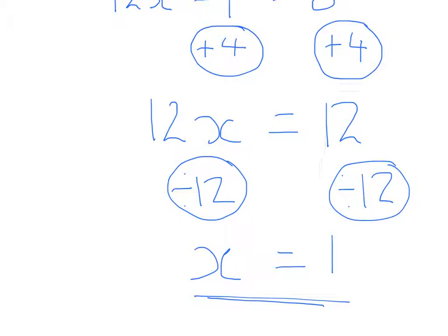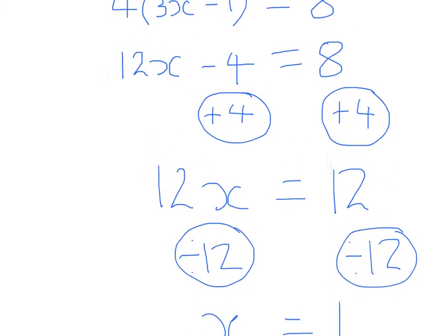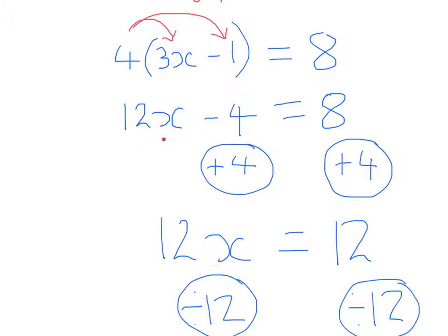So hopefully the mechanics of the second half of that question is something that you will have seen before. All of this onwards we did last lesson. The only extra step is you've got this little bracket here to start with that you need to expand out.